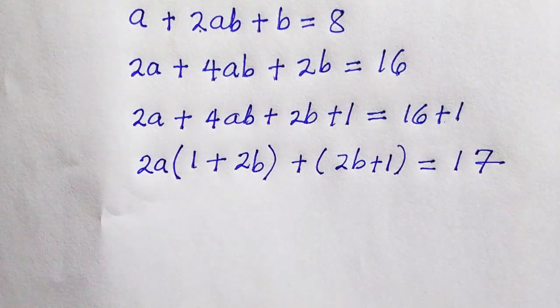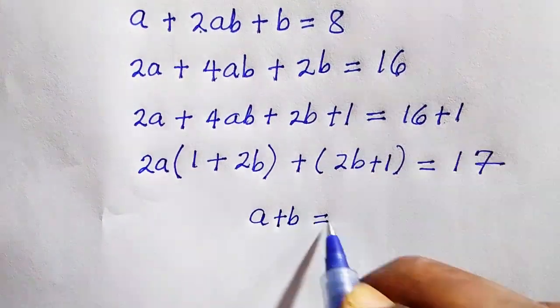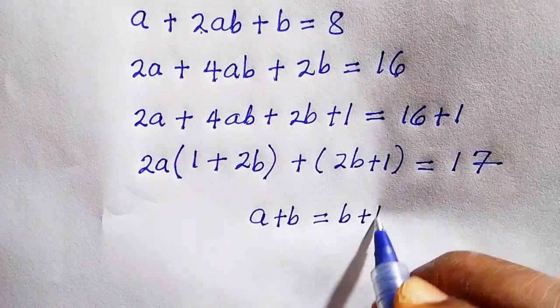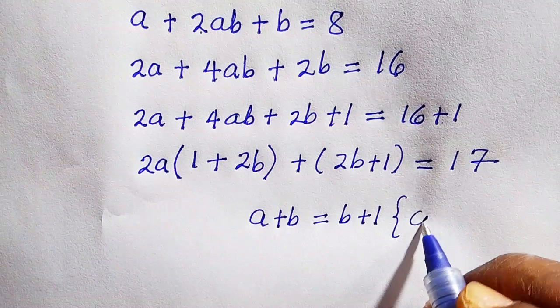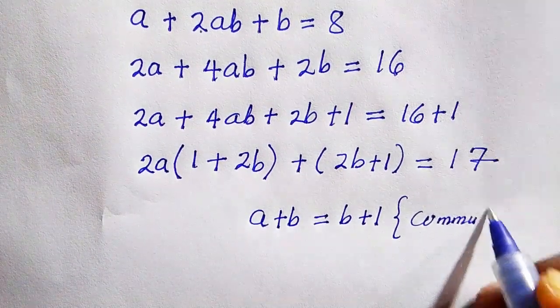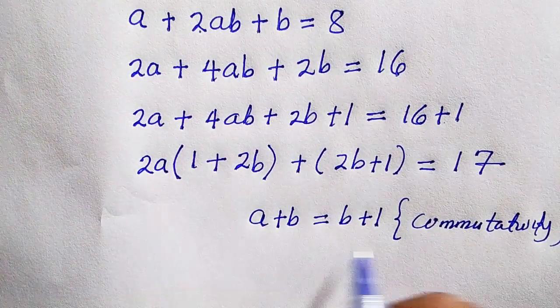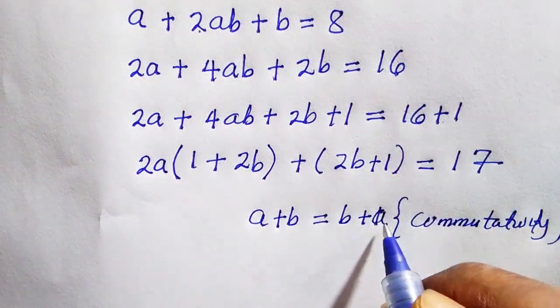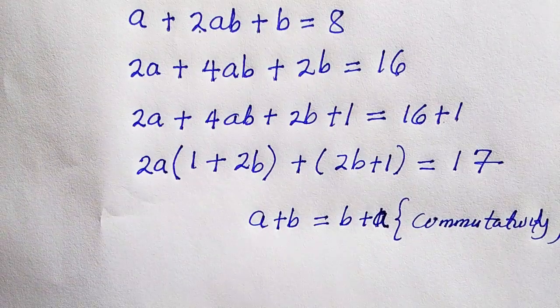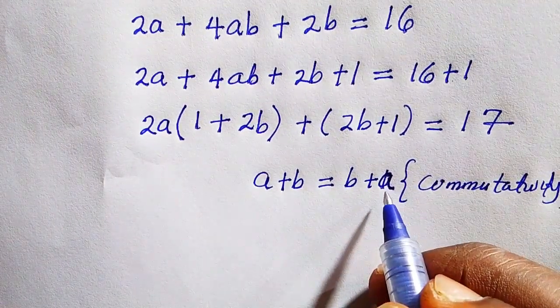So let's consider this principle. Suppose we have a plus b, this is the same thing as b plus a. We call this one commutativity. When this is commutative, suppose a here is 1 and b is 2.